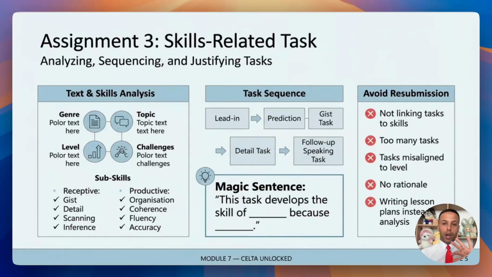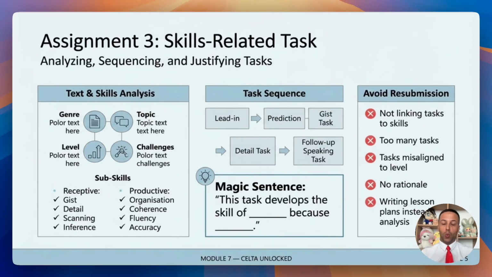There are 2 parts to this: text and skills analysis and task sequence. For the text and skills analysis, you need to identify genre, what type of text is this, article, email, story, interview, etc. You must identify the topic, what is it about. Also must identify the level, what level is it suitable for, why.